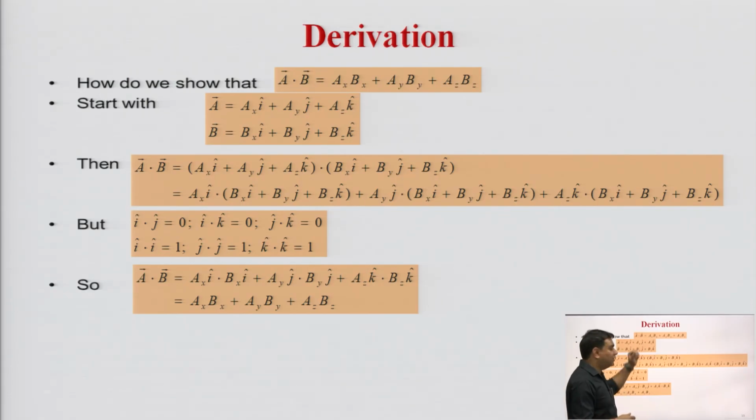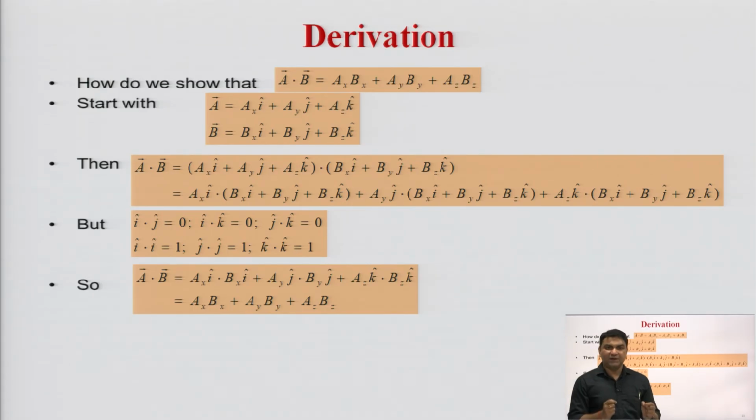First one, A dot B is equal to AxBx plus AyBy plus AzBz, and here we take the two vectors in the form A is equal to Ax i plus Ay j plus Az k, meaning i, j, k are the 3 unit vectors which describe the direction in the x axis, the direction in the y axis and the direction in the z axis.